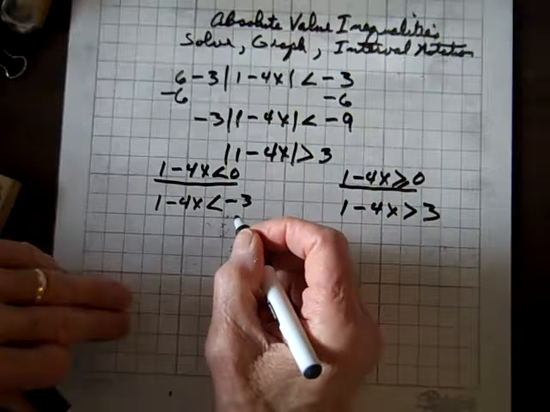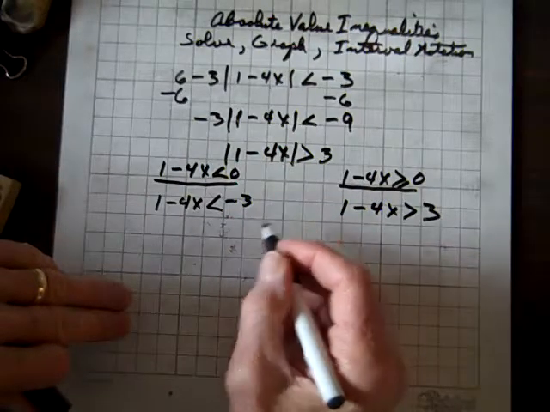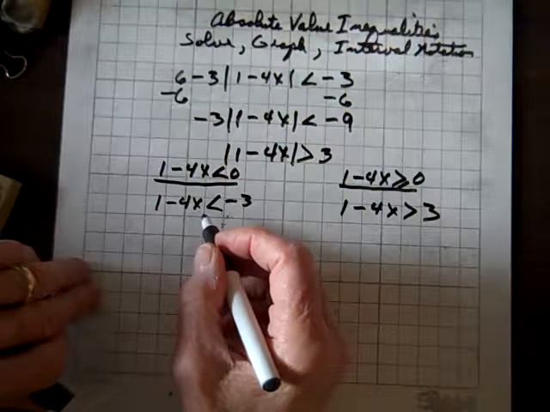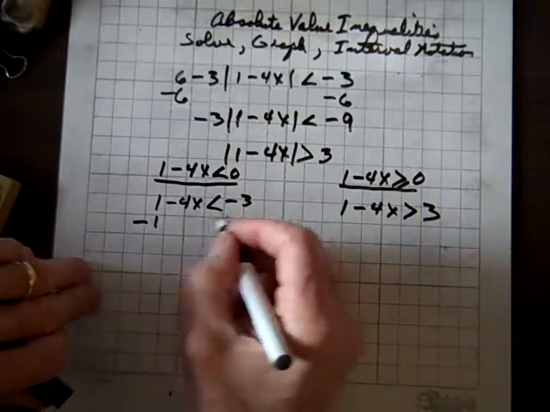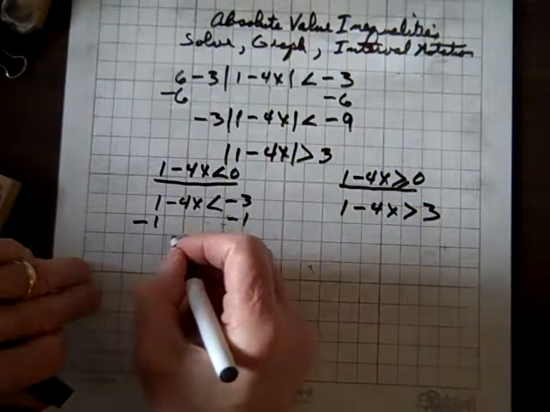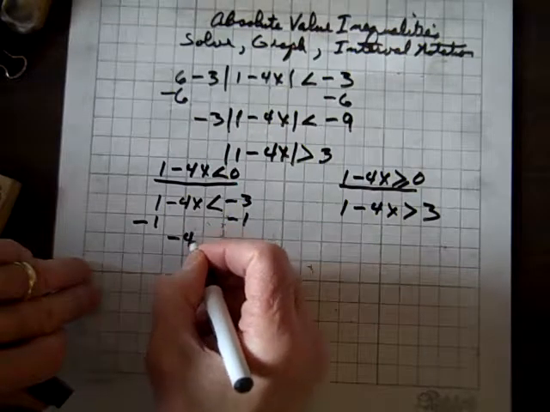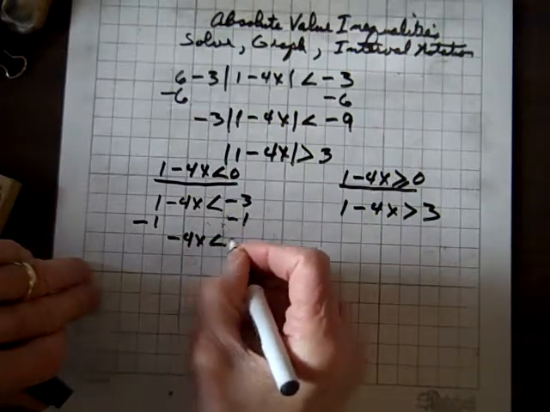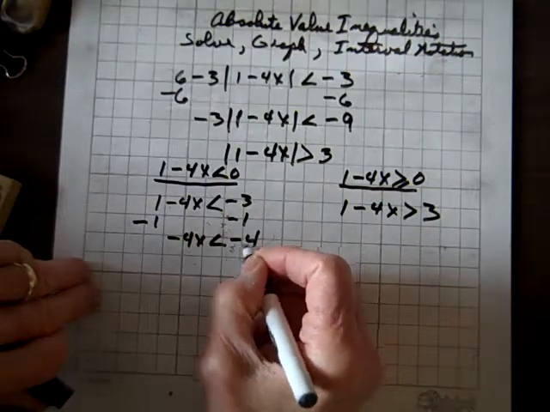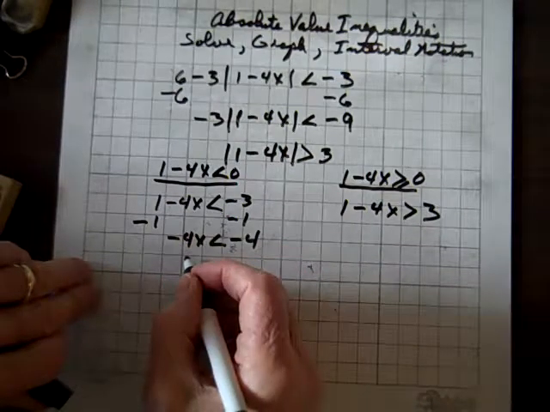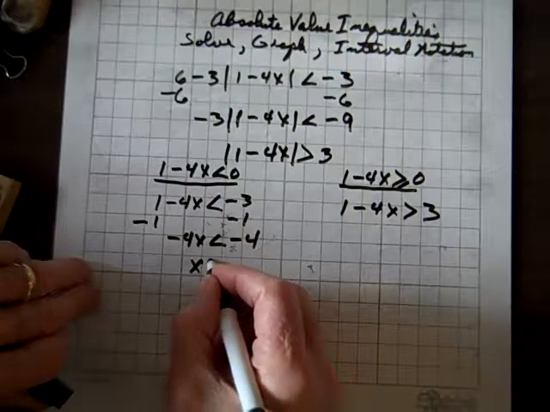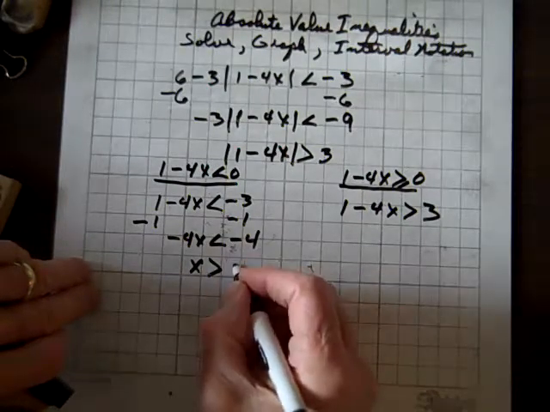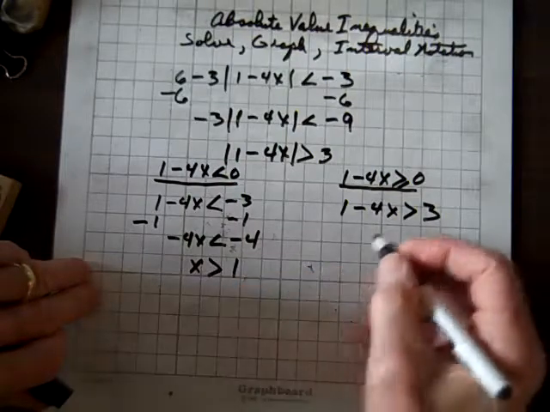Now, our goal is to isolate the term with x in it, and then we'll isolate x. So I guess we'll subtract 1 from both sides. And we get negative 4x is less than negative 4, and dividing through by negative 4 we get x, and we have to flip the inequality, is greater than 1.